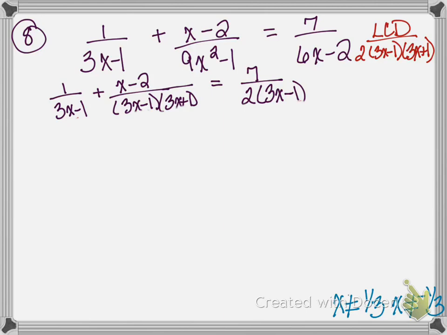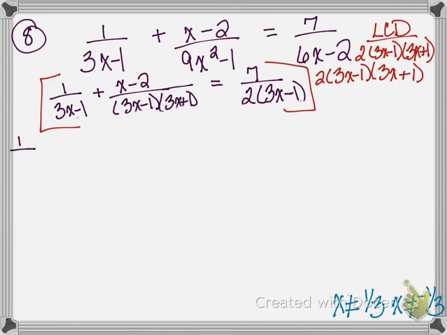Okay? So now we're going to multiply everything by this LCD. 2 times 3x minus 1 times 3x plus 1. Okay? So I have 1 over 3x minus 1. I am multiplying that times 2 times 3x minus 1, 3x plus 1. That's all over 1.